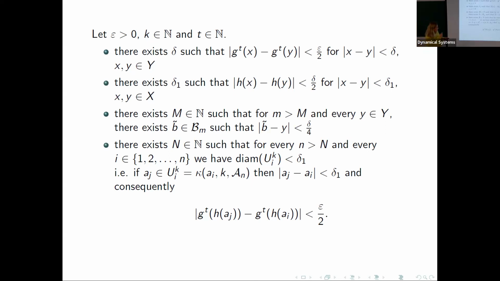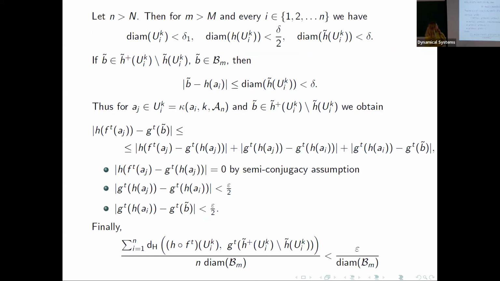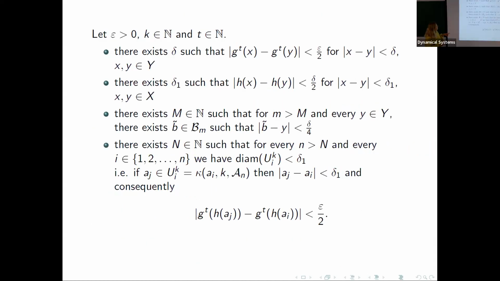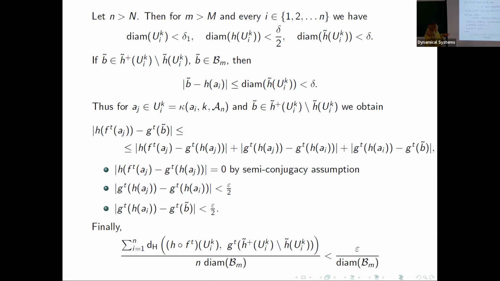Then we can estimate something of this kind. I'll maybe not go through this in detail, but by these assumptions I'm able to control the diameters of these sets, and they still approximate the points that I want to approximate.